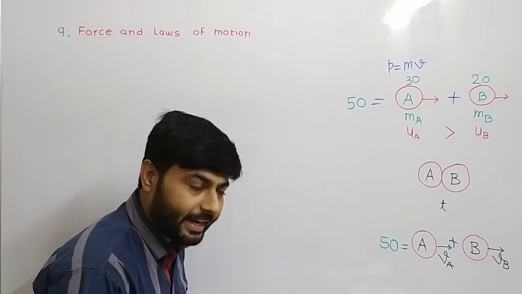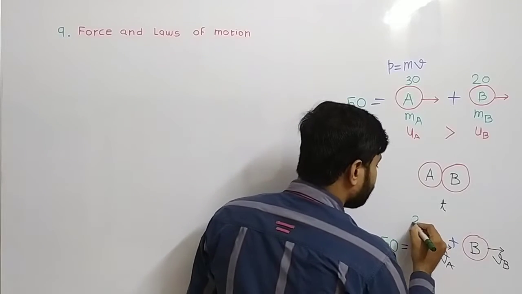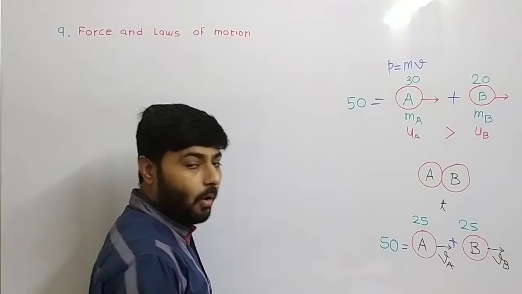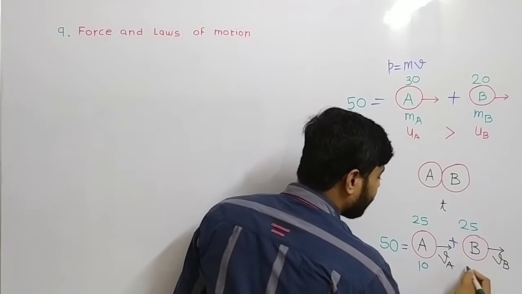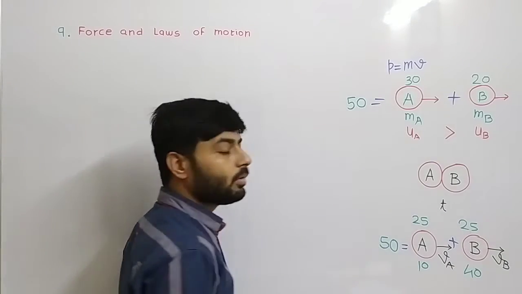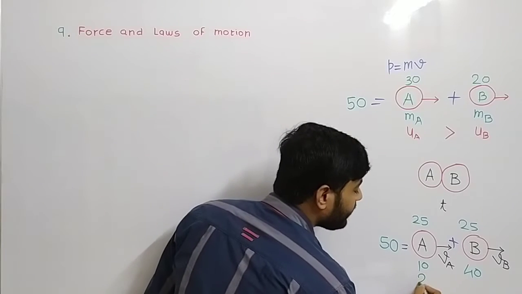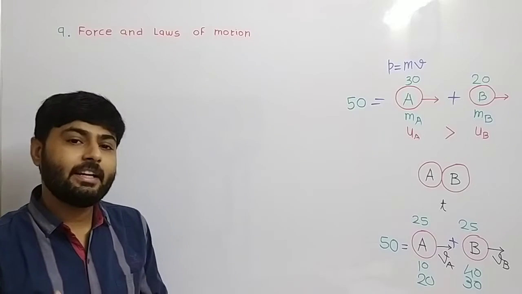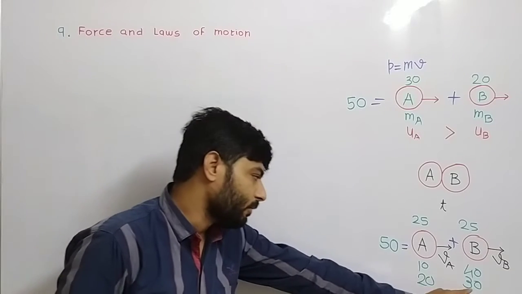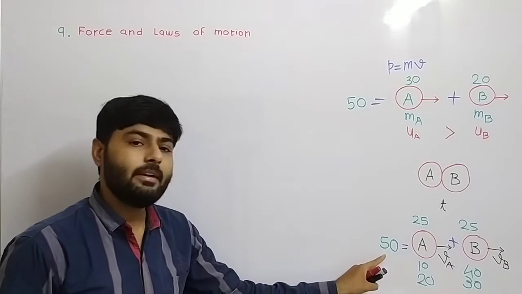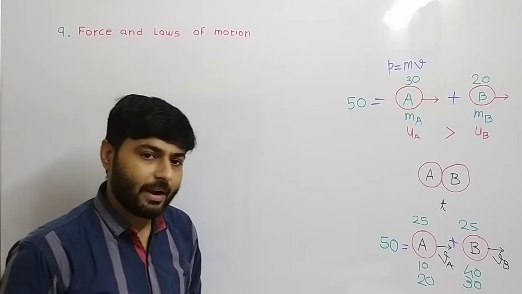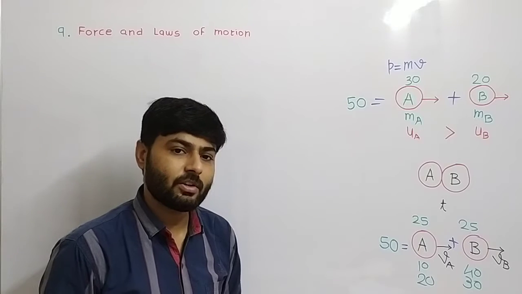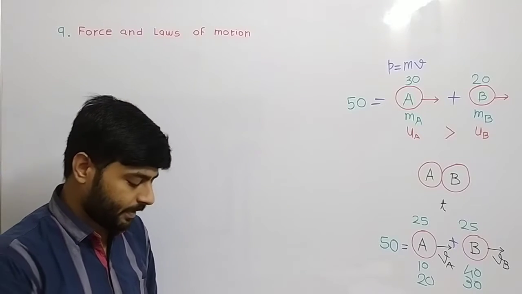But it may get converted to 25 and 25, or 10 and 40, or 20 and 30, or any two numbers whose sum will be 50. So I hope now you understood what is conservation of momentum.